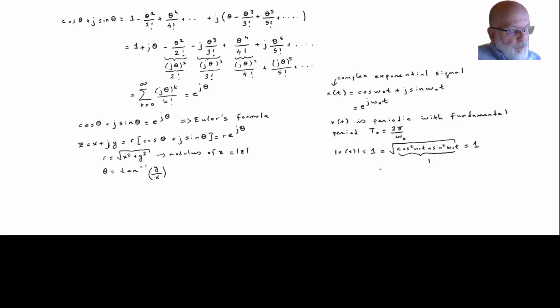Therefore, if we plot the values of x of t for different values of t, this is the complex plane, the real and imaginary axis, the values of x of t will be on the unit circle centered at the origin and radius equal to 1.